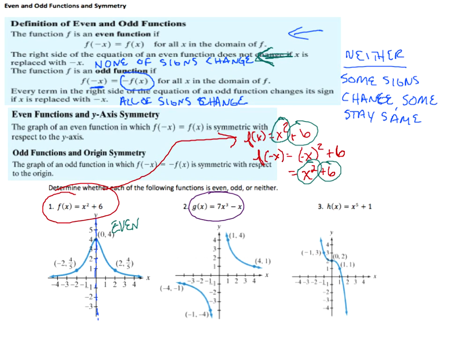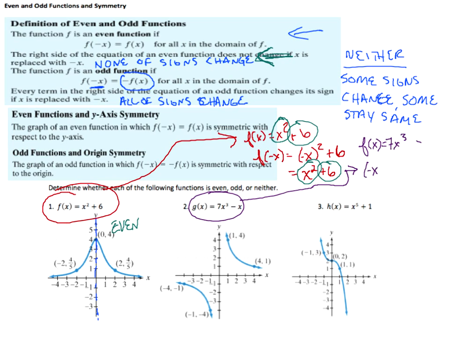I start out with f of x is equal to 7x cubed minus x. And to determine the even or oddness of it, I plug in negative x: 7 times negative x cubed minus negative x.